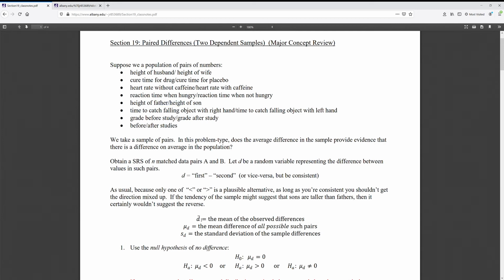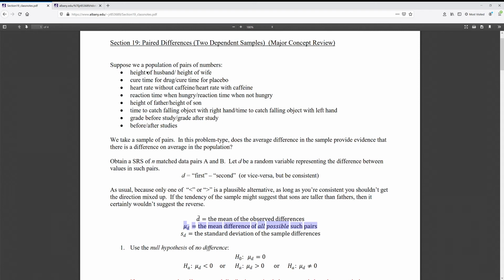So let's organize our facts. D bar is the mean of the observed differences. 100 pairs, 100 numbers when you subtract them, average those numbers together. Mu of D represents then conceptually the mean difference from all possible pairs.